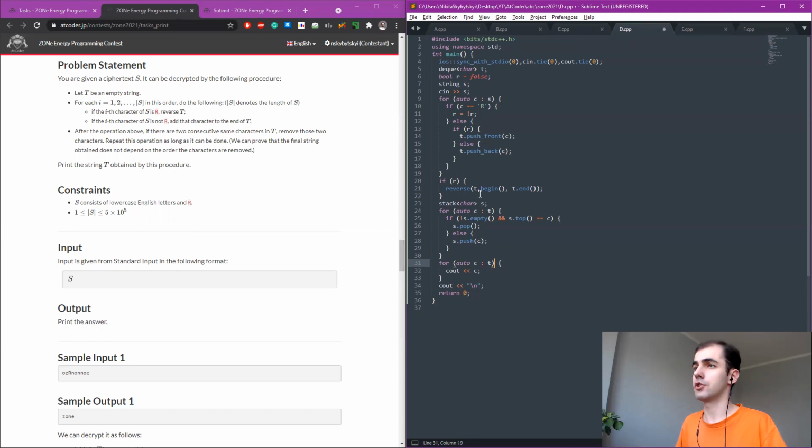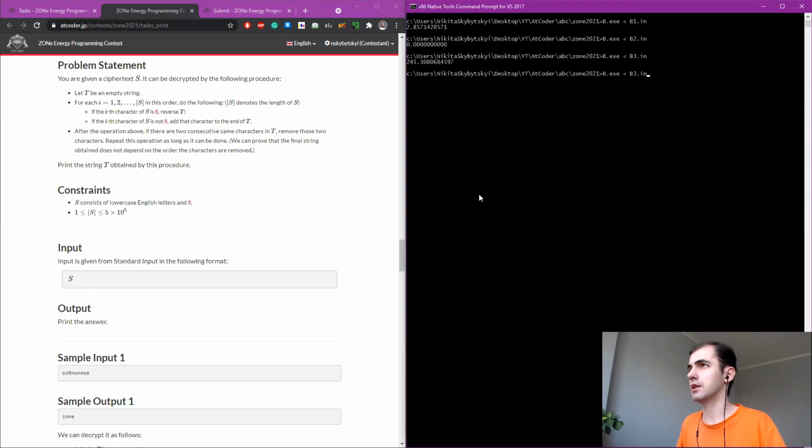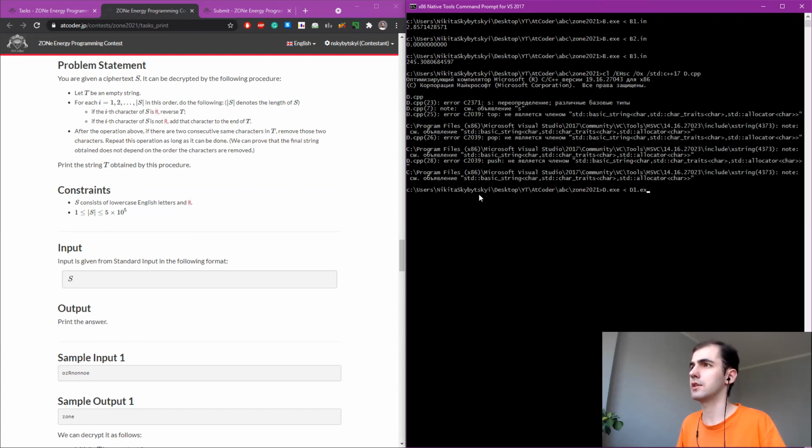I'm not sure if we can just iterate over a stack, but let's hope so, because stack is just an adapter for deque, right? So it should be possible to iterate over a stack, although it does not. Hello?